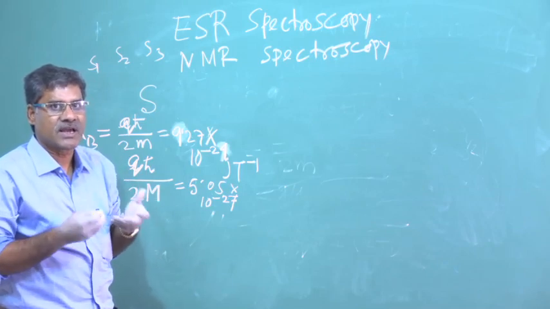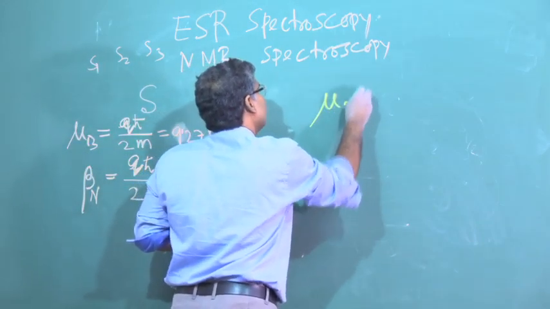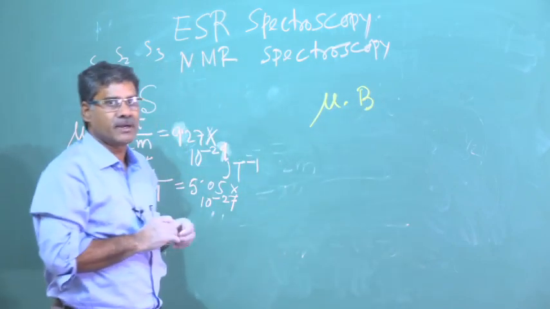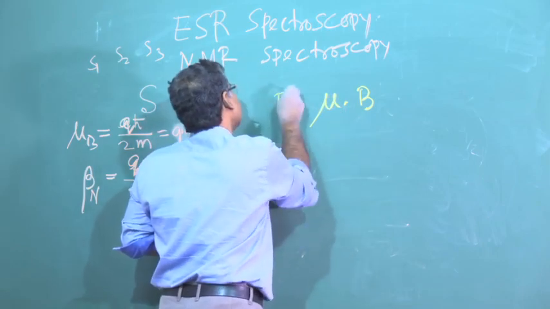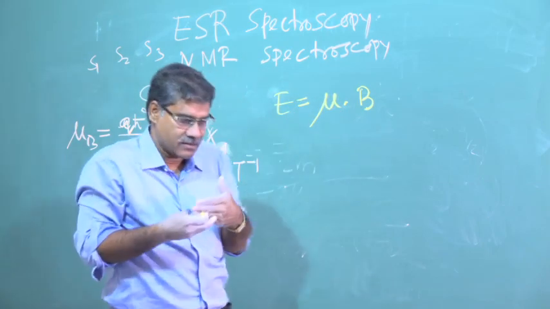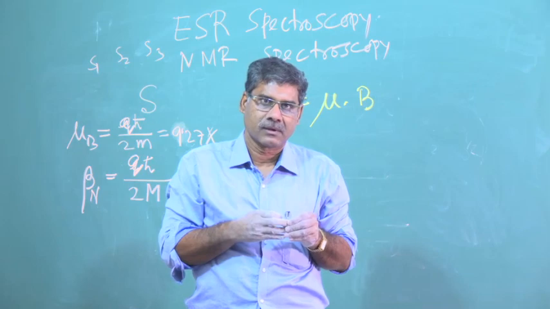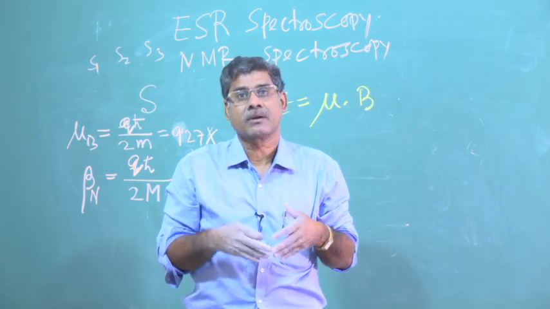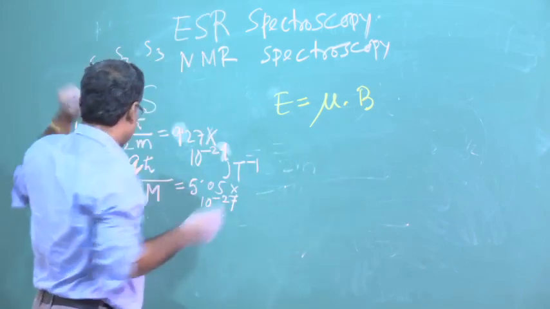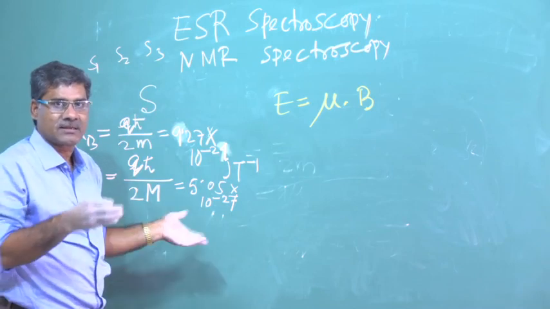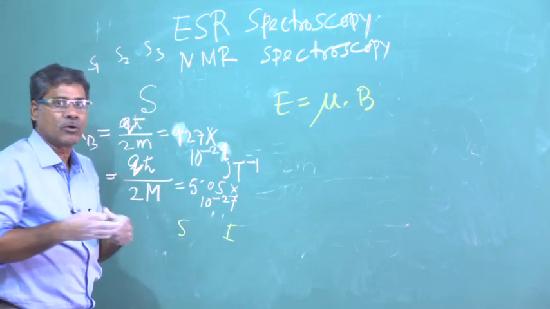There will be a change of energy, the interaction energy, that is mu dot B, the energy due to the interaction of the magnetic field with the magnetic moment, due to the electron spin or due to the nucleus or both together. If you have nuclear spin as well as electron spin, S and I, what will be the resultant spin?